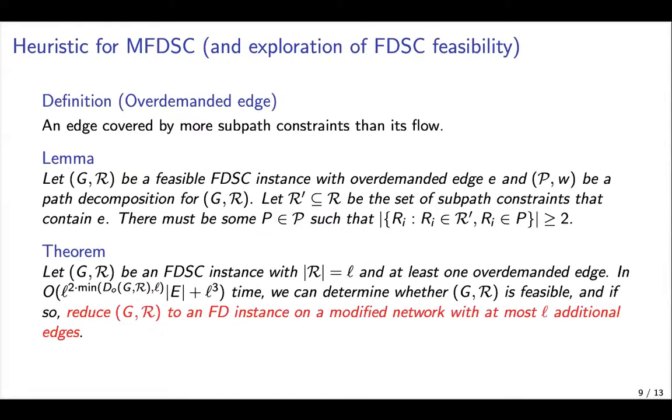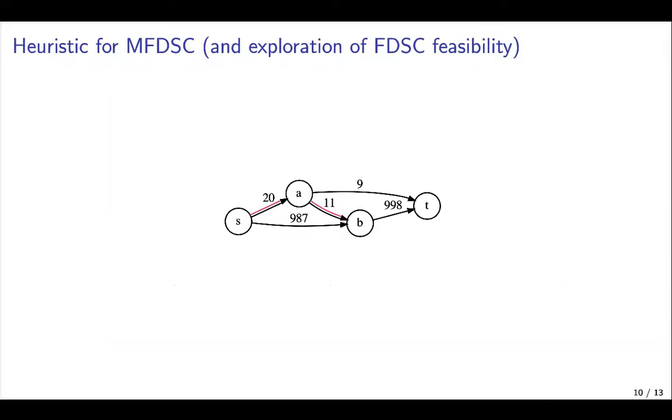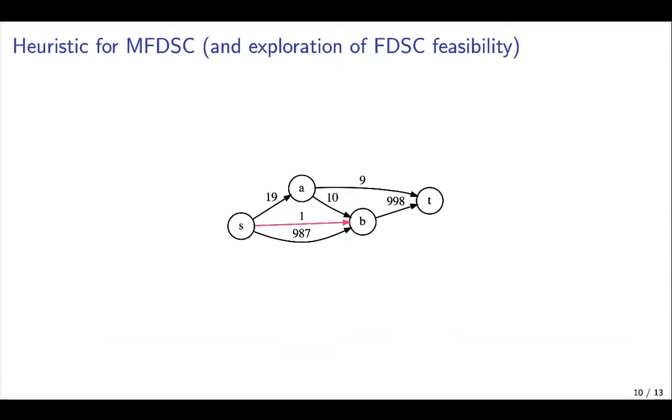I guess this is a reduction. And how we do this is for any subpath constraint, like this one in the example we saw earlier, we can just encode that as a new edge in a FD instance. So we can get rid of all of the subpath constraints and just solve an FD problem instead.